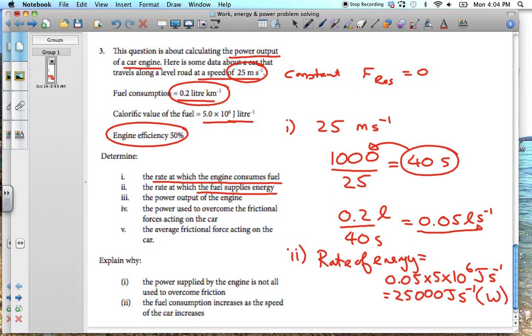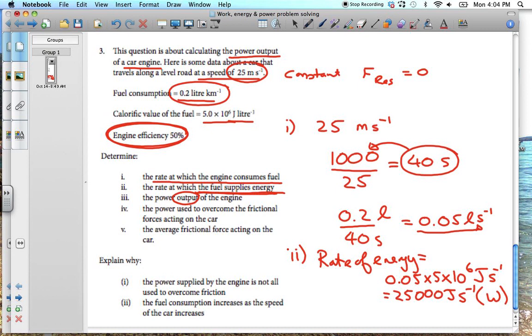Alright, so now the power output. We know that the engine efficiency is 50%. So this is the amount of energy per second that has been put in, the 25,000 joules per second. So the power output would be 50% of that.